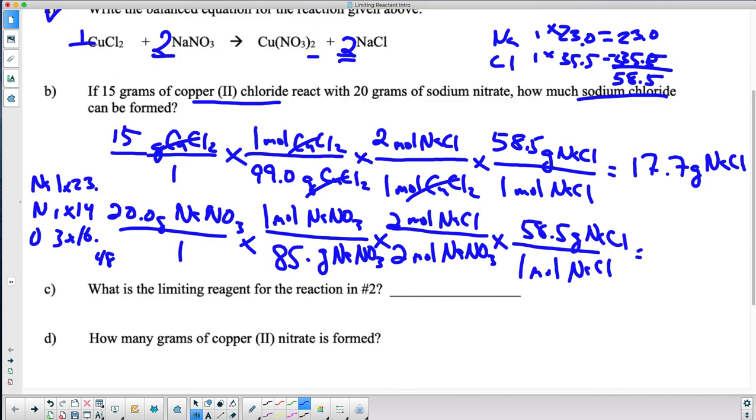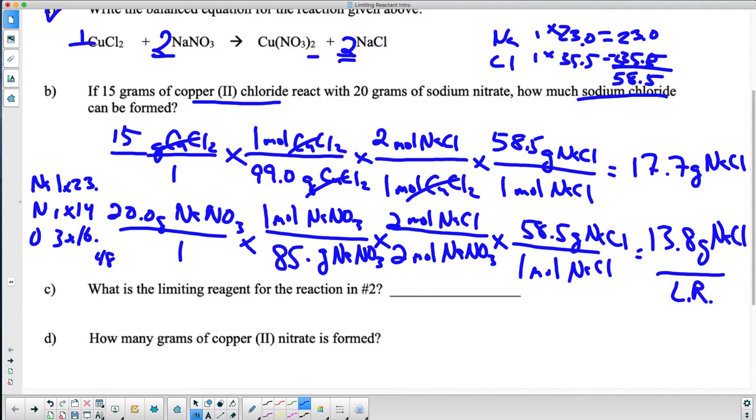As I do this calculation, I do 20 divided by 85 times 2 divided by 2 times 58.5. So here I got 13.8 grams of sodium chloride. Whichever one produces the lower amount is the limiting reactant.